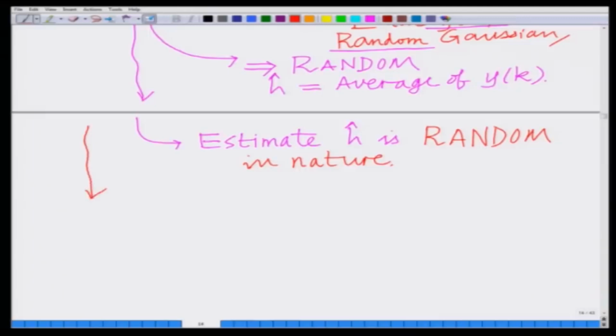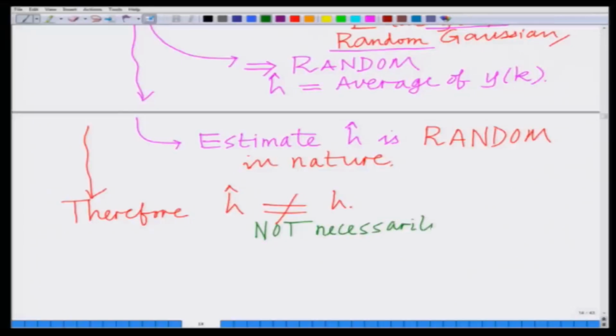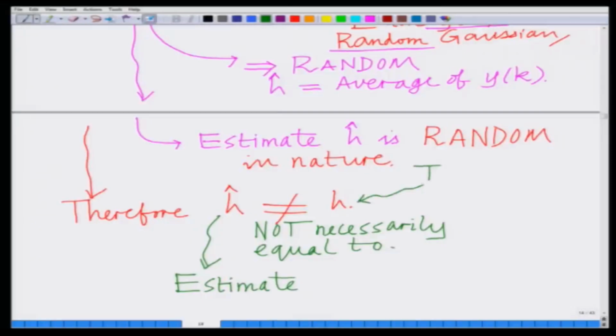The estimate is h hat, and h is the true underlying parameter, which is unknown.